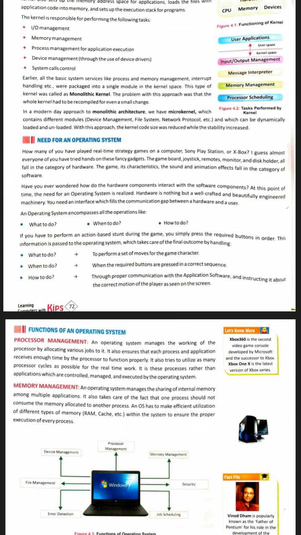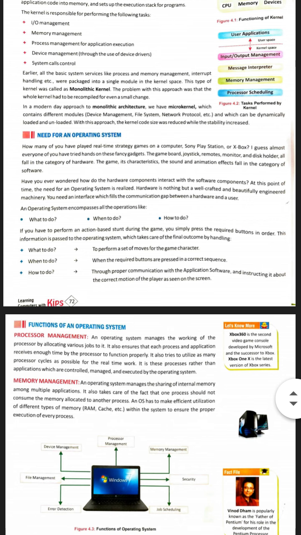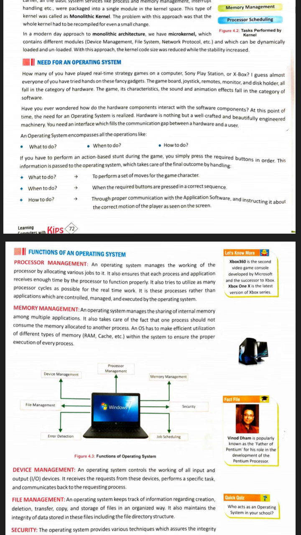Next concept is the need of the operating system. Dear students, I am giving the example of a person playing a game. A person has to decide what he has to do, when he has to do, and how to do.